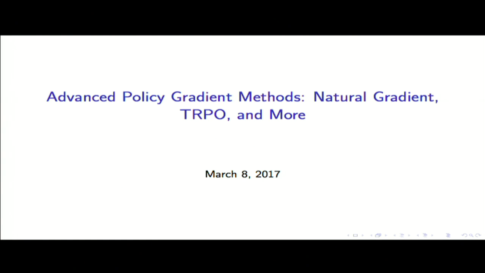So to make deep reinforcement learning work, we have to somehow reduce reinforcement learning into an optimization problem. We've seen several different ways of doing that so far. That's what the whole class has been about. But now we're going to dig more into optimizing policies and how to think about that as optimizing some objective.